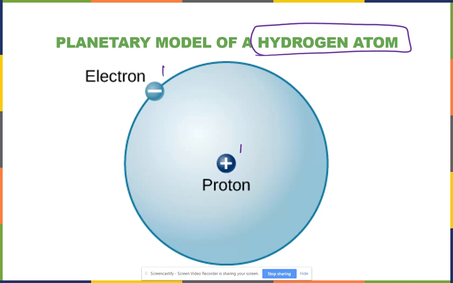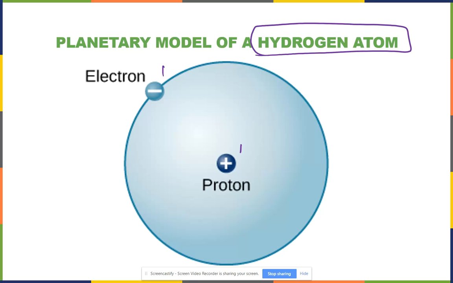It doesn't make sense for the planets, right? But with Bohr's quantum model, that was the outcome, that you only have certain distances they can orbit from the nucleus, and only certain energies that the electrons can have in orbit.